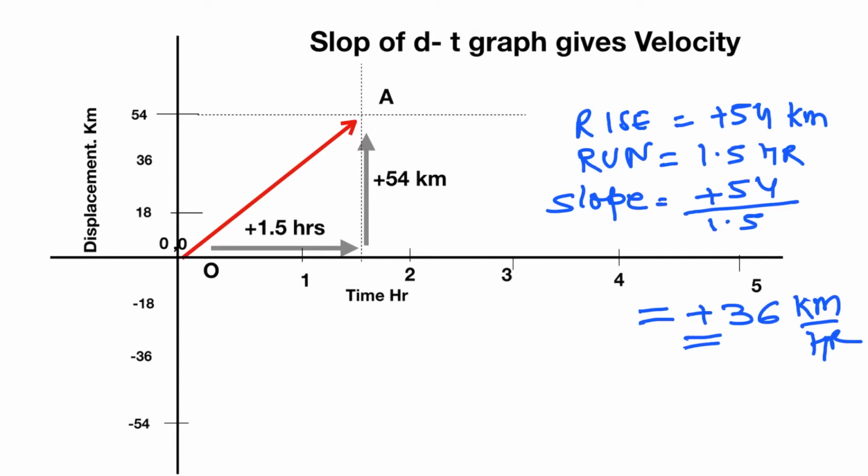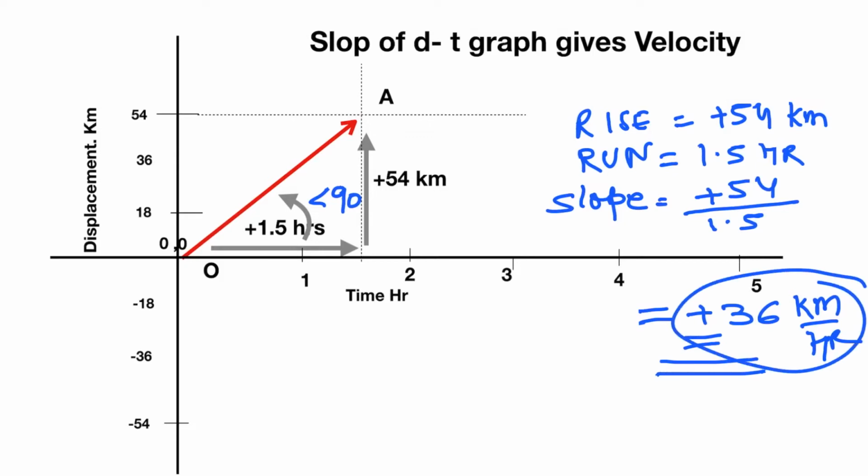So here the slope of the line is positive. If you see, the graph line slants upward to the right. A line which slants upward to the right makes an angle less than 90 degrees with the positive x direction. So we can say if a displacement time graph is a straight line slanting upward to the right, or has an angle less than 90 degrees with the positive x direction, it represents a positive velocity.